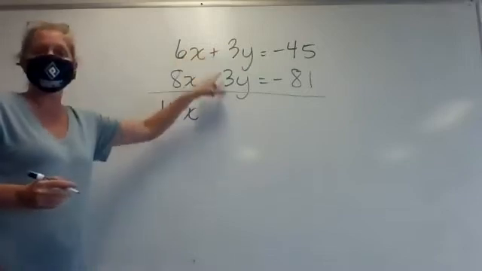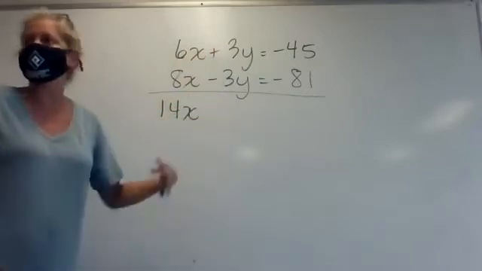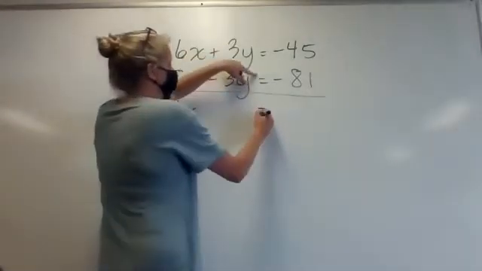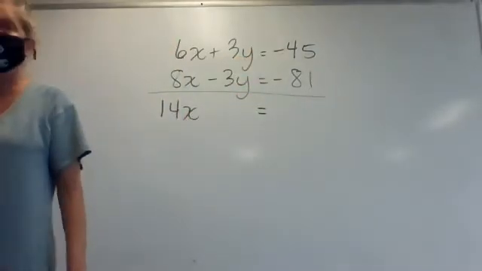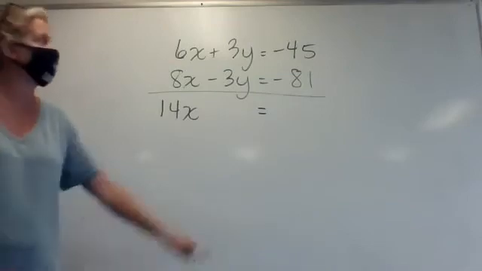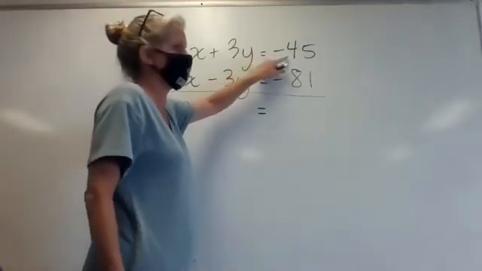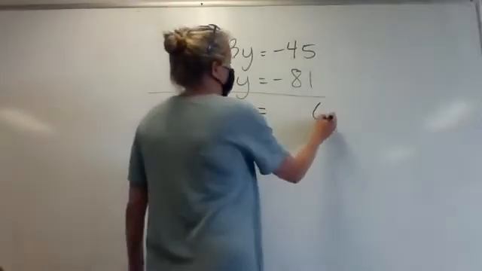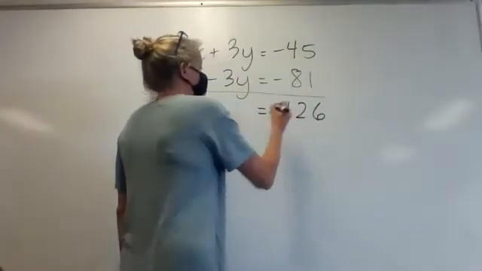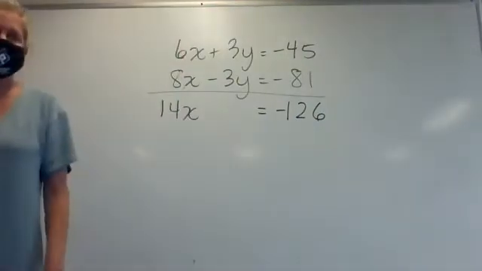Again, my y's cancel, right? Because 3 minus 3 is nothing. I don't have any y's left. Equals negative 45 minus 81, which is what you would put in your calculator. If you wanted to type that in, you would type exactly what it said. Negative 45 minus 81, which will give me negative 126.